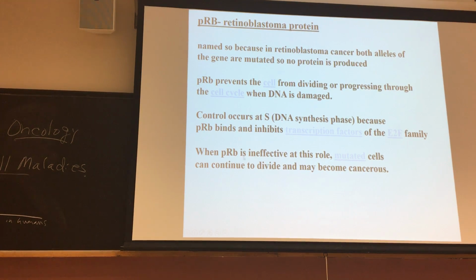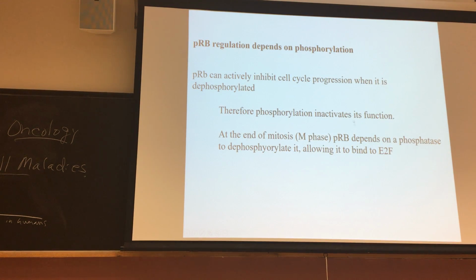Okay. And when this is ineffective, the mutated cells continue to divide and become cancerous. Okay. Depends on phosphorylation. It actively inhibits cell progression when it is dephosphorylated. So phosphorylation inactivates its function.